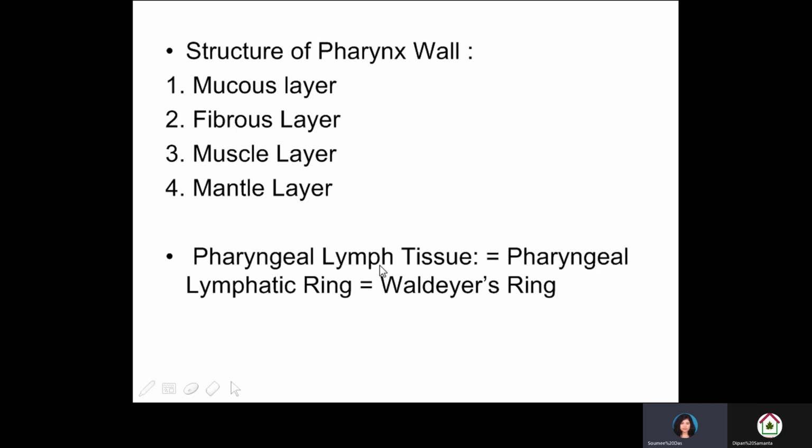Next, pharyngeal lymph tissue is composed of the pharyngeal lymphatic ring, also known as Waldeyer's ring.